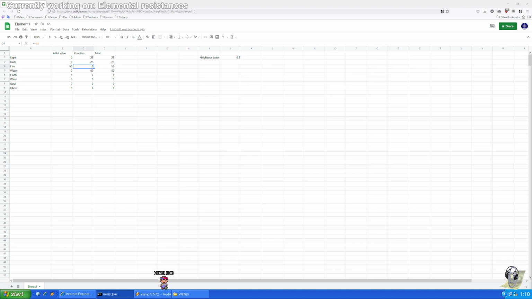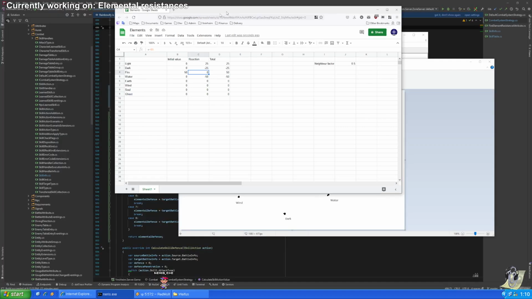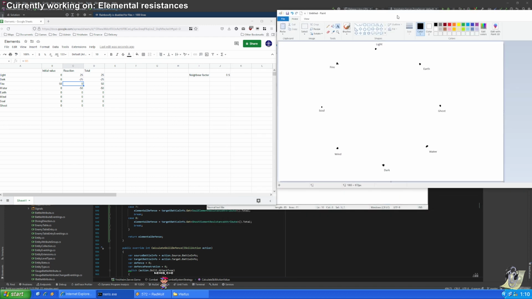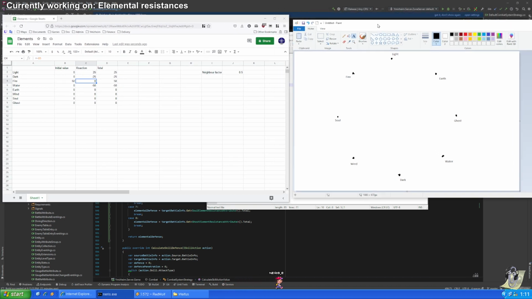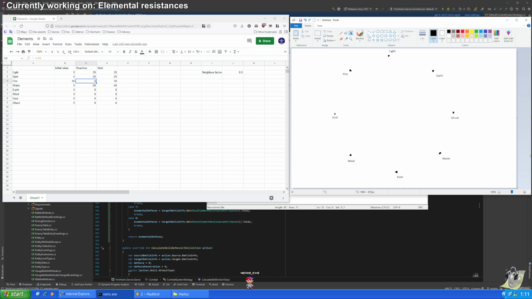So the same for the fire. Actually, let me make it smaller so I can see both things. Something like that. So this one, let's add our neighbors. Oh, now I can see it. So for the fire, we have soul and light.